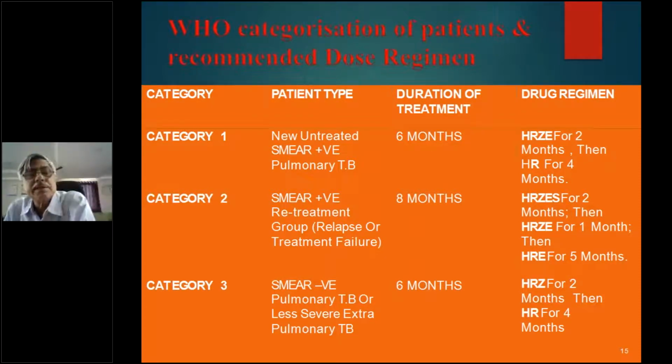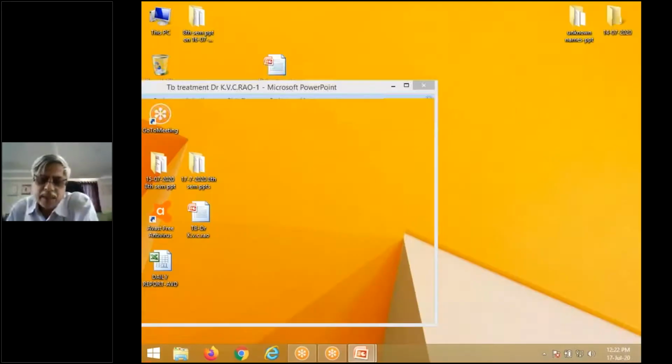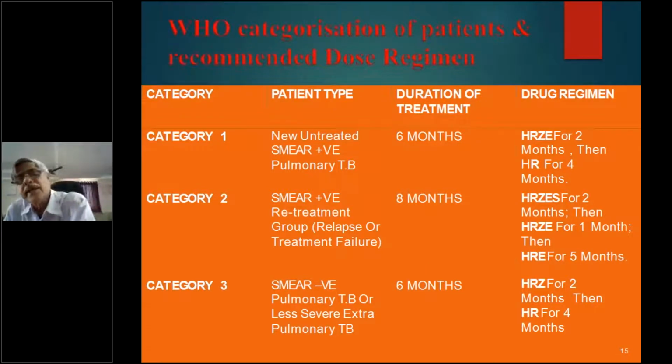And who is the defaulter? First, a newly diagnosed sputum positive case is category 1. That includes a patient who has taken anti-tuberculosis treatment for less than a month, for about 25 days or 20 days.